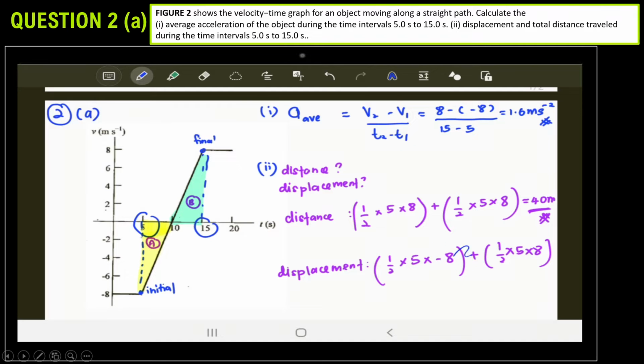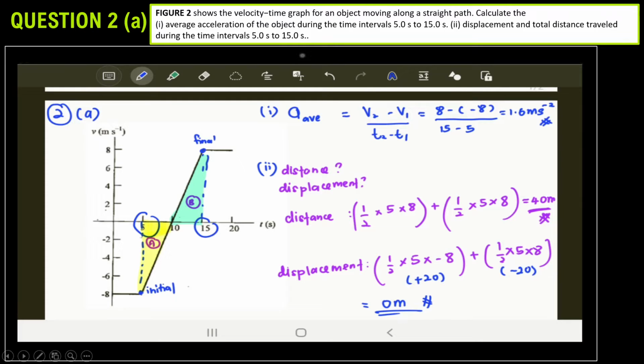You can see these two values are the same value but opposite sign, positive and negative. So here is positive 20 and here is negative 20. So the answer is equal to 0 meter.